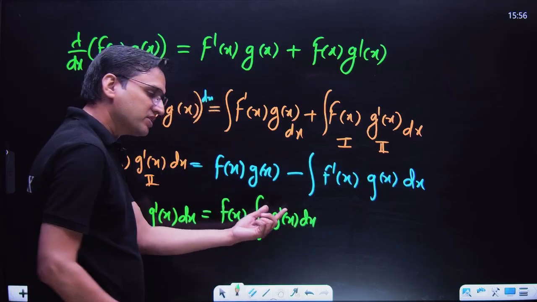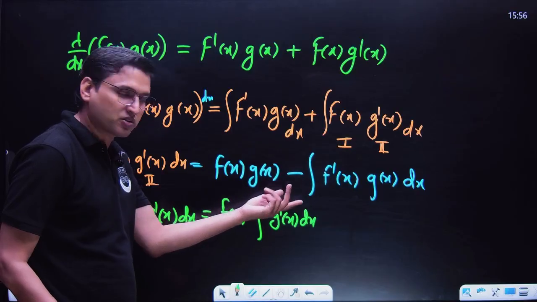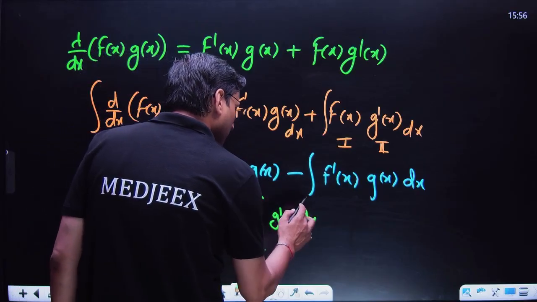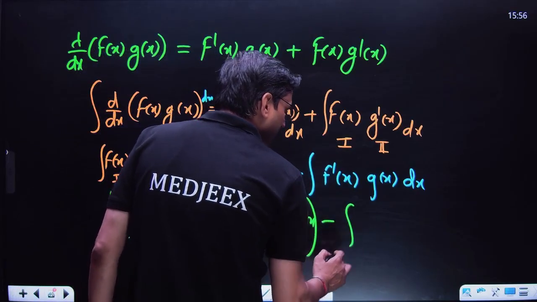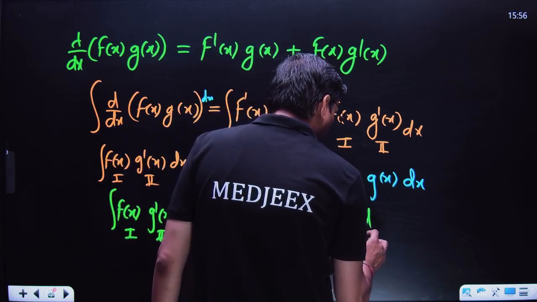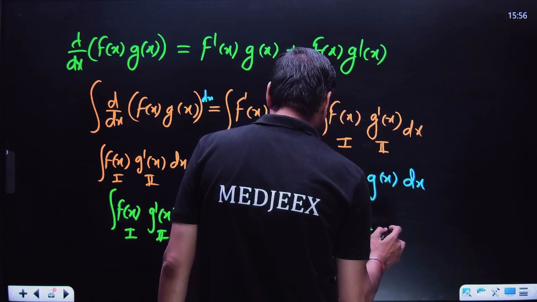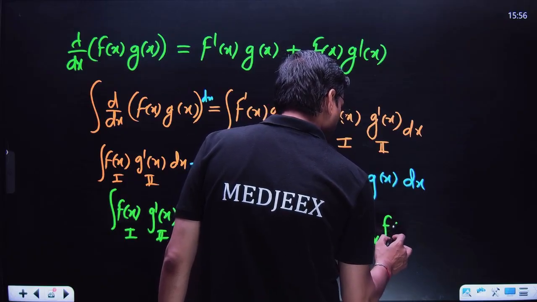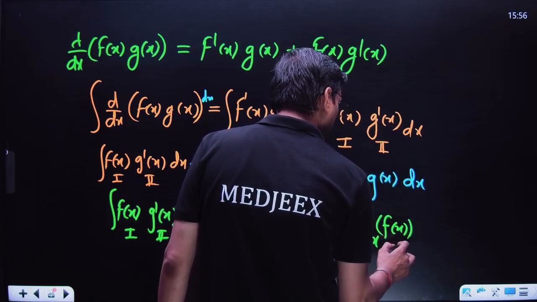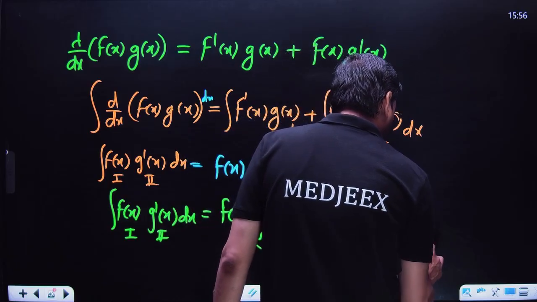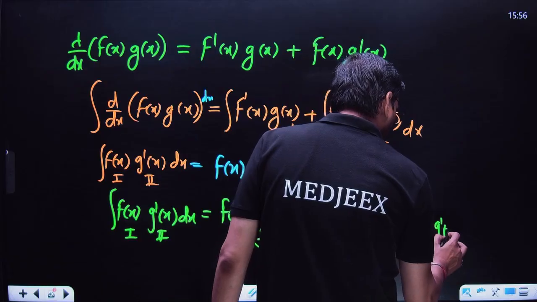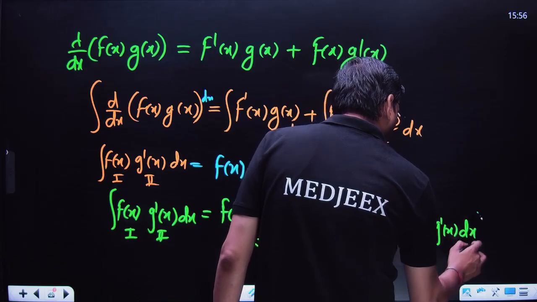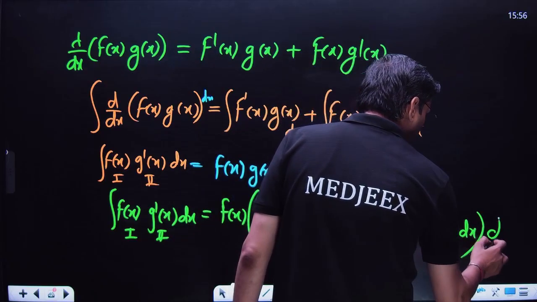You can write likewise this also, or in the format of d by dx also, minus d by dx of f(x), integration of g'(x) dx, and the whole integration will be done after this one.